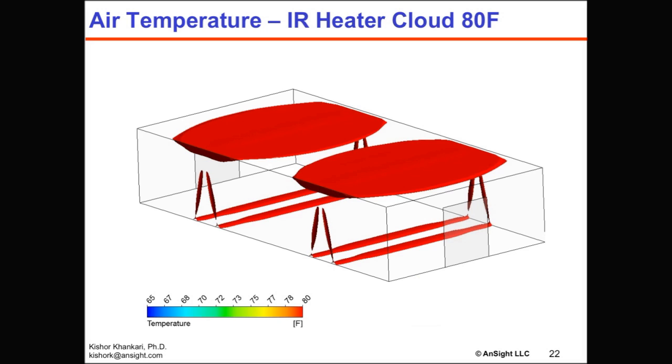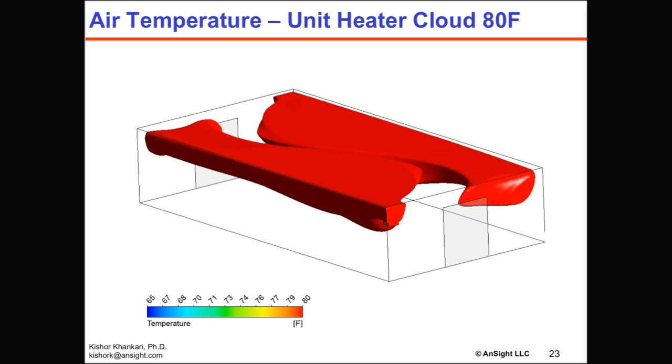But importantly, look near the floor. Also, you have an 80 Fahrenheit cloud there. On the side walls, you have a few clouds of 80 Fahrenheit. When you go to unit heaters, there is no red cloud on the floor, neither on the walls. All that red cloud is hanging up near the ceiling because hot air goes up.